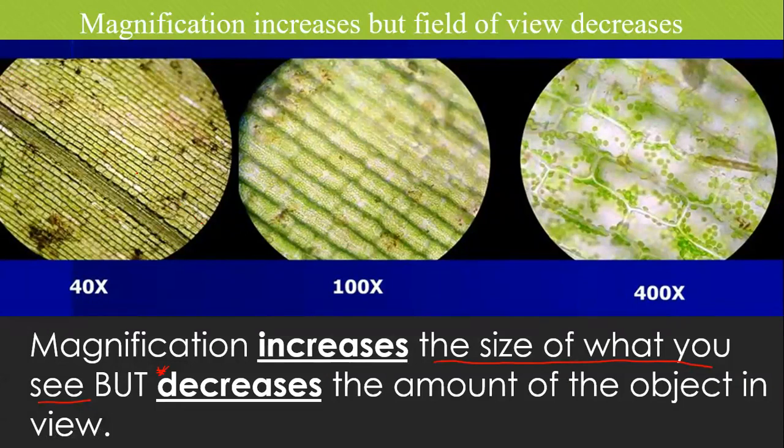Probably like 20 or 30 cells I can see across here. Now, as we jump up to 100 times, it's only like 1, 2, 3, maybe 4 cells across. And then as we jump up to 400 times, I can only see maybe 2, 2.5 cells across. So my field of view is getting smaller and smaller as my objects are getting bigger and bigger.